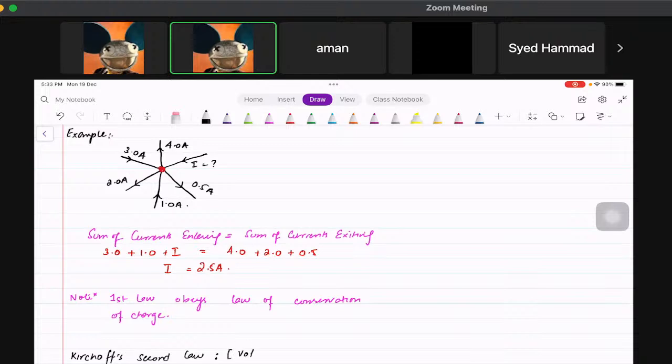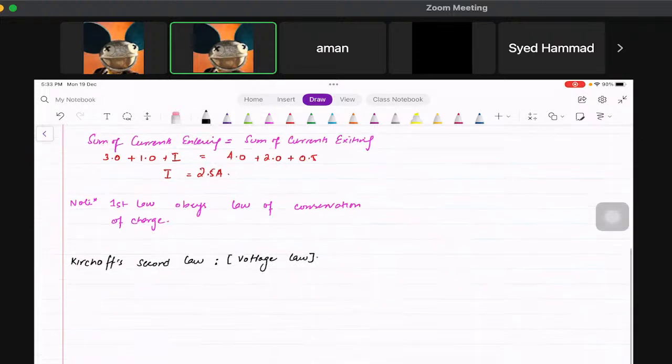It's also known as the voltage law. All right, so that's two names. Now, it also comes for 2 marks, so we're going to write it.